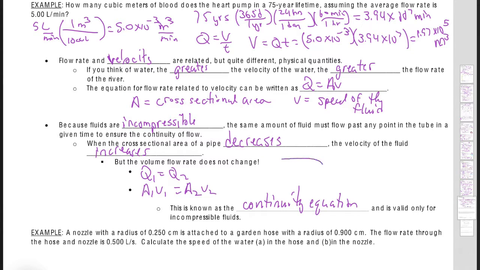So basically, if I have a pipe that has two sections, area 1 and area 2, and I have 3 units going through here, for this all to match up, it has to move faster in area 2 than in area 1.